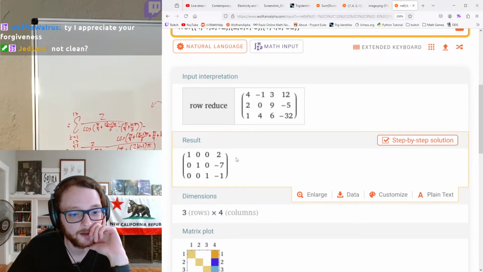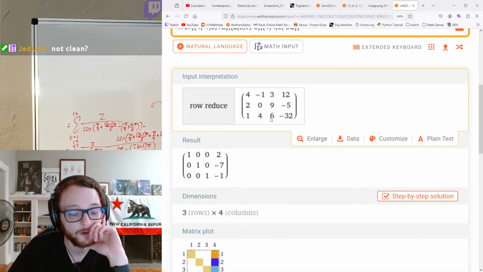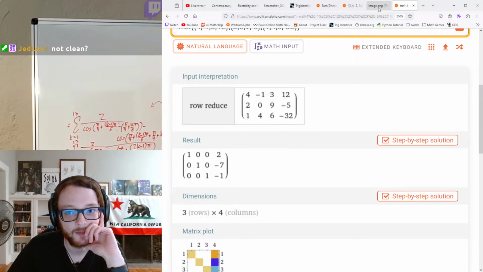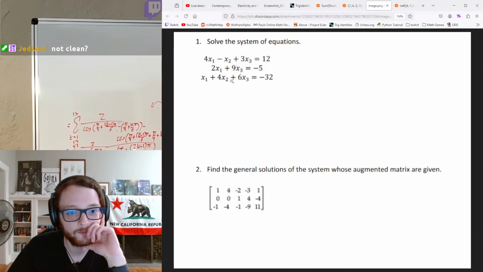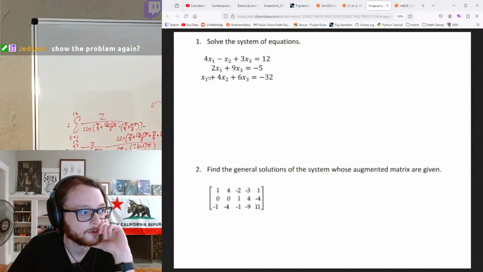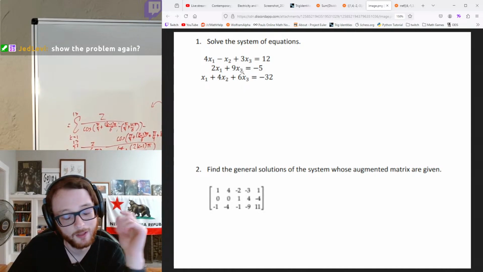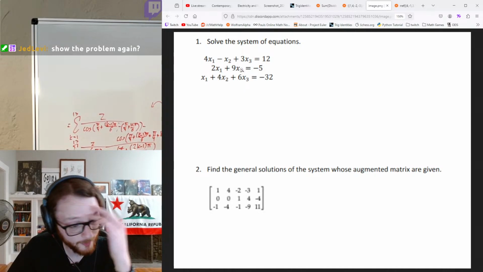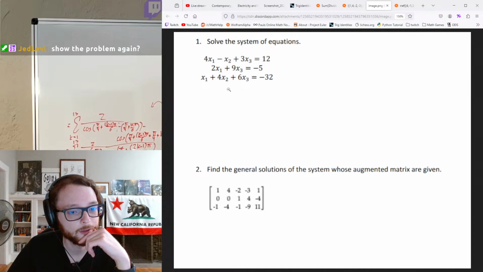I think row reduction is the best way to solve this. There is a different way to solve it technically, but it involves finding the inverse of the 3x3 matrix and then doing matrix multiplication. And the inverse is really ugly.